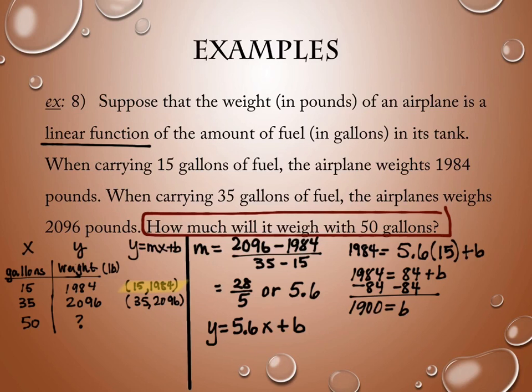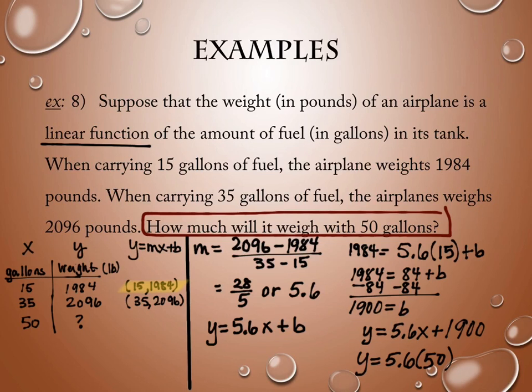Okay, so you're giving me the exact details. The first thing I would want to recognize is that I could fill in the full relationship now, right? I have a 5.6 for m, and I have the 1900 for b. So this is the relationship between the fuel volume in gallons compared to the weight of the airplane. And then I could find my weight of my airplane when I have 50 gallons by plugging in the 50, which is what Megan was talking about right there.